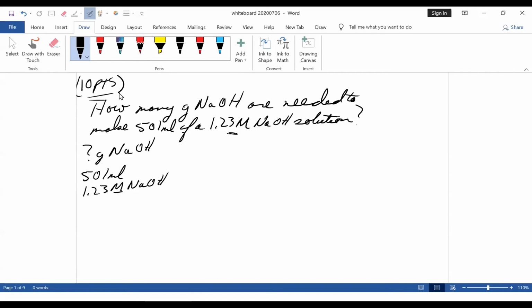And whenever you see capital M, that's molarity, moles per 1,000 milliliters. So what that really means is 1.23 moles NaOH per 1,000 milliliters. Now, there's no way I can go from this to this. Can't be done.